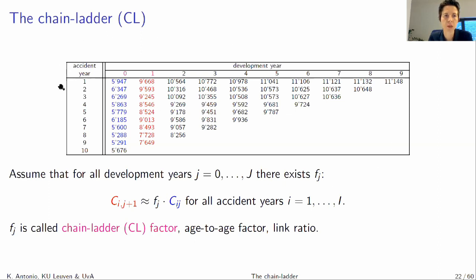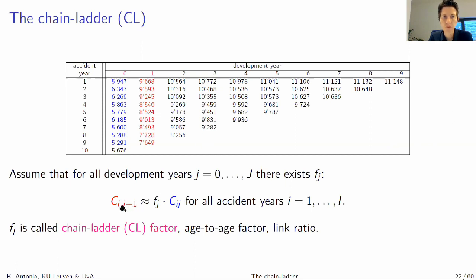So first of all, for the chain ladder, you start with a runoff triangle in cumulative display. What you see here is our cumulative runoff triangle. The first thing we're going to do is make an assumption about how cumulative amounts on the same accident year change over time. We assume there is this relationship which I stipulate over here.